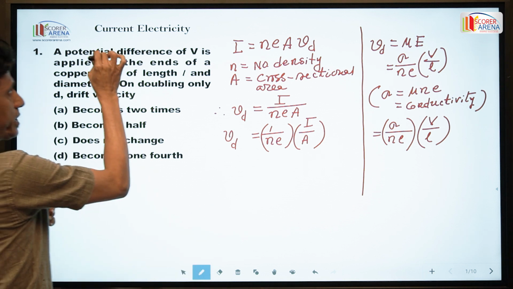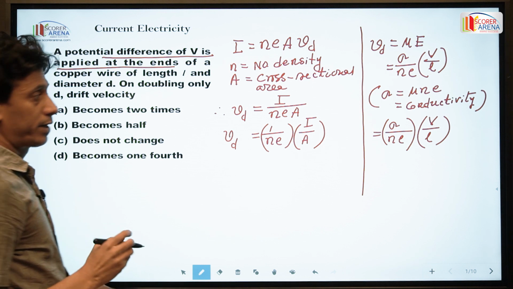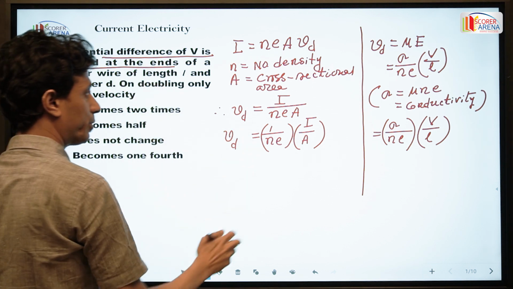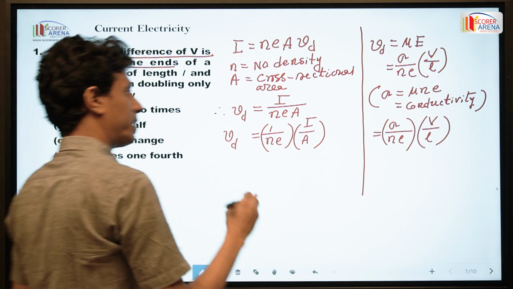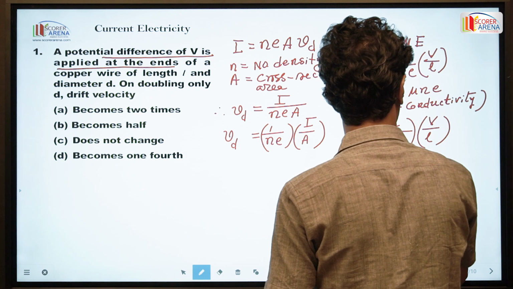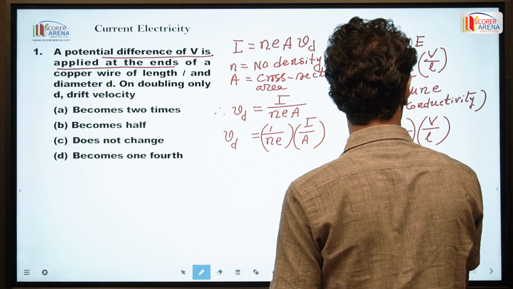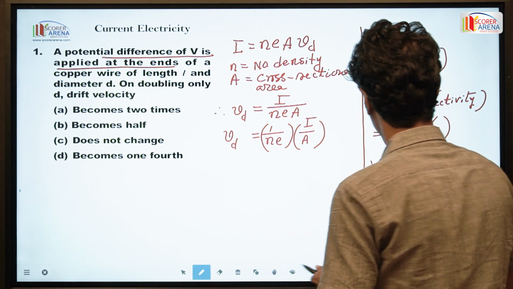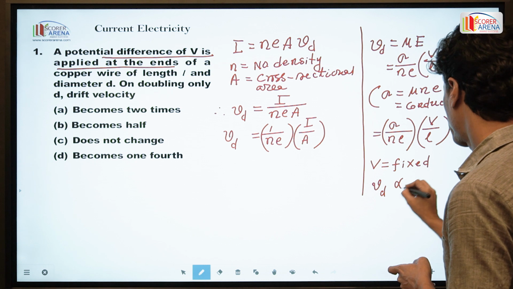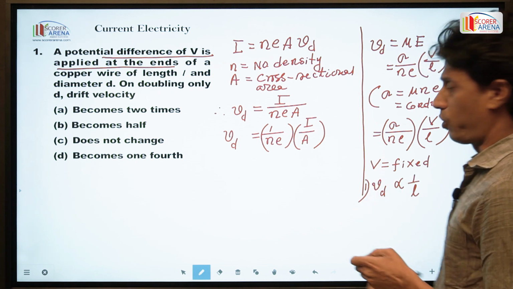Here the potential difference V is applied at the ends of the copper wire. So V is given in the problem. Therefore, number 1, V fixed. If V is fixed, then the drift velocity is inversely proportional to the length of the conductor.